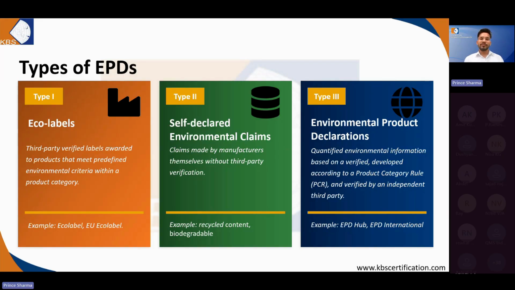Or if somebody is saying that their material is biodegradable, those kinds of claims, which are not verified by some third party or some certification body, come under the self-declared environmental claims.